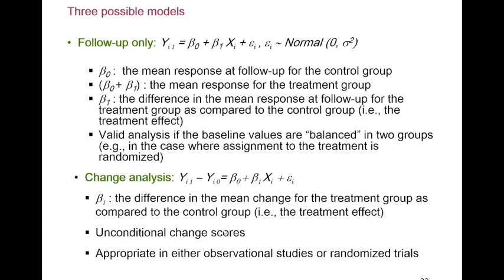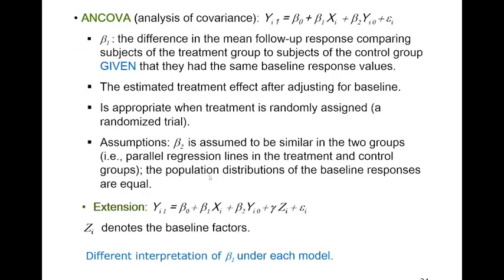Now, you can compare these three models. This first one is a cross-sectional approach. There's no repeated measure for each data point; each subject contributes one observation. You're using the follow-up in this model. Then here you find the changes. Then in the next model, you're using the follow-up as the response and you put the baseline as a covariate.